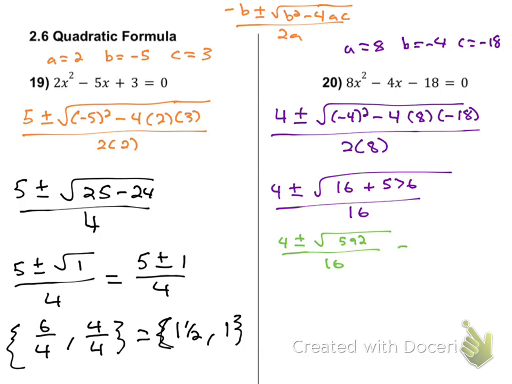So if we simplify the square root of 592, all right, we can start with just 592 divided by 2, which is 296. And then 296 divided by 2 is 148. Divided by 2, we can do 74.